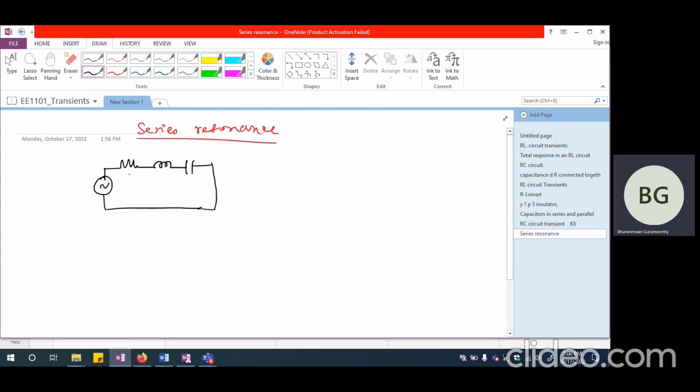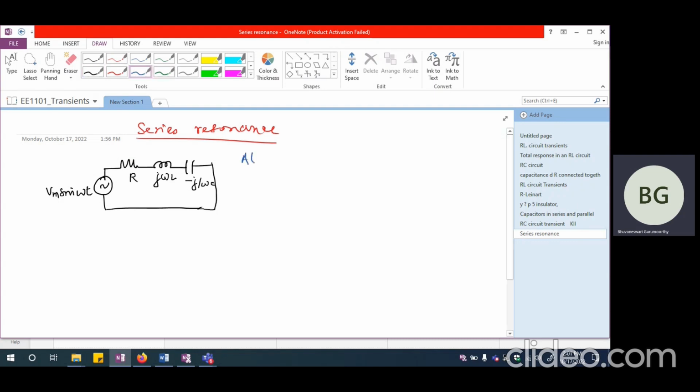The impedance offered by the inductance will be j omega L, and the impedance offered by the capacitance will be minus j divided by omega C, and this is going to be R, and we are exciting the circuit with the voltage source Vm sin omega t.